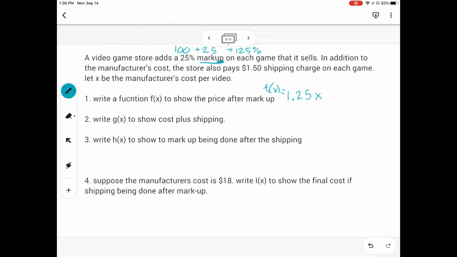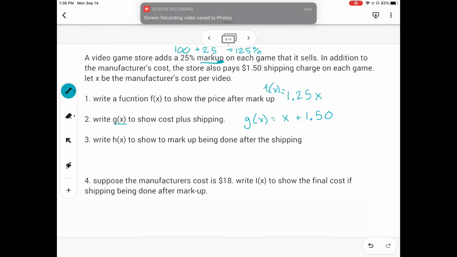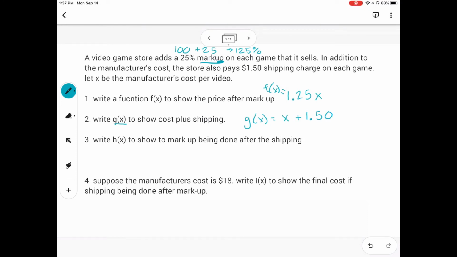Part 2, write g of x to show the cost plus shipping. So g of x equals the cost plus the shipping. Easy. So x plus 1.50 will be g of x.